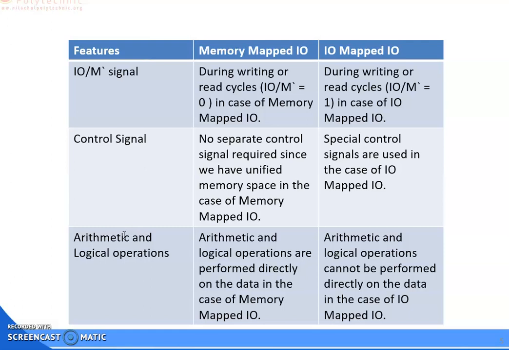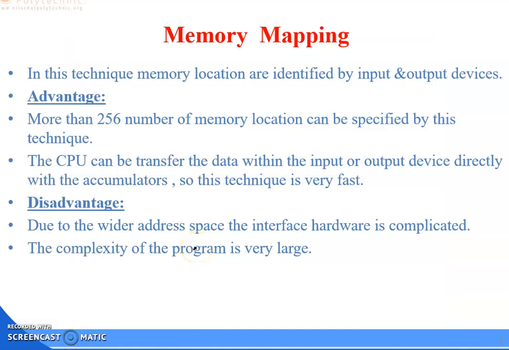Next, in terms of control signals, no separate control signal is required in memory mapped IO since we have a unified memory space, and special control signals are used in the case of IO mapped IO. Next, in terms of arithmetic and logical operations, they are performed directly on the data in the case of memory mapped IO, and arithmetic and logical operations cannot be performed directly on the data in the case of IO mapped IO.